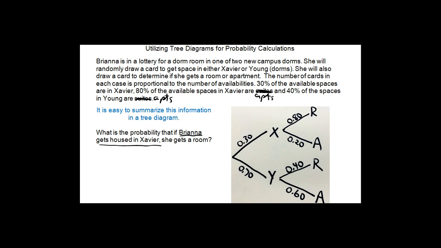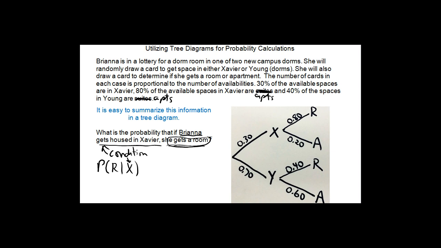Brianna gets housed in Xavier. That's the condition. So this is actually a conditional probability problem. This is the probability that she gets a room given that she's housed in Xavier. So the condition, remember, always goes in this position. The probability she gets a room given that she's in Xavier.